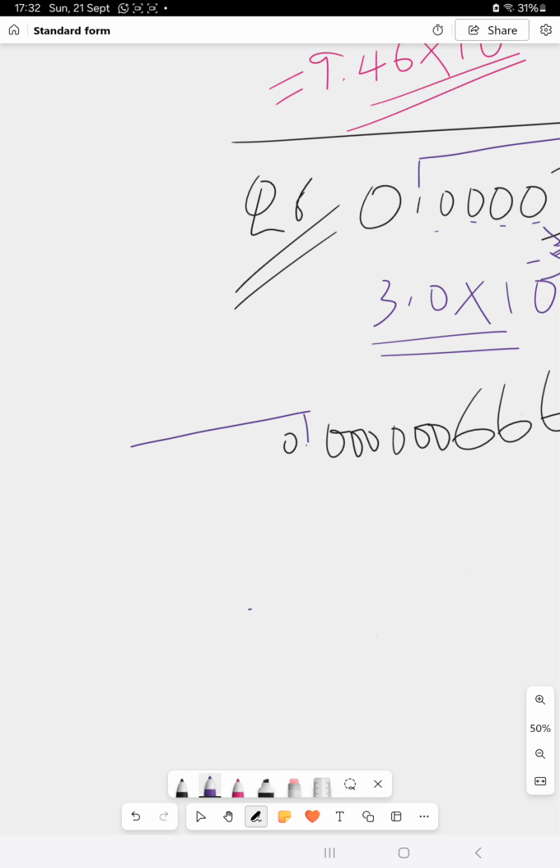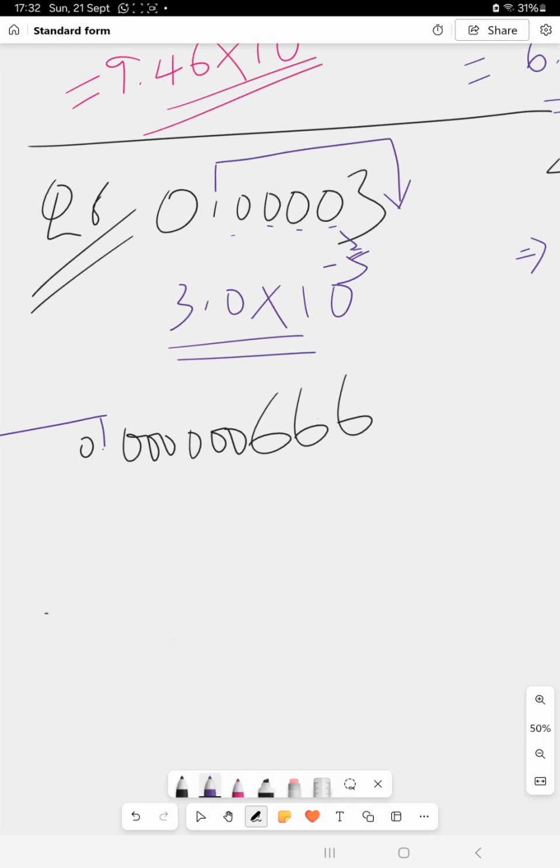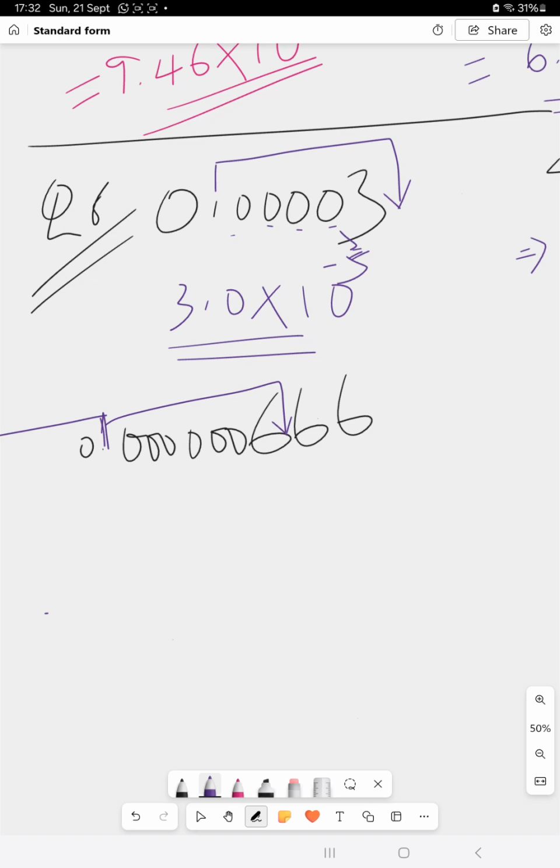Yes, good. So now we are bringing it from here all the way to here. And this simply means it will be 6.66 multiplied by 10, how many digits are they? 1 2 3 4 5 6 7. So times 10, negative 7. As simple as that.